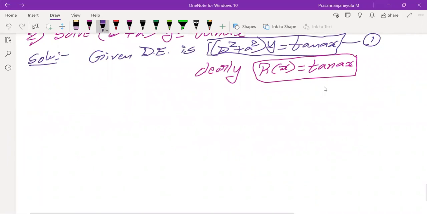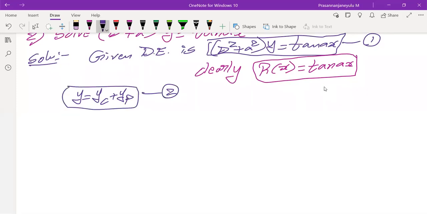Then what is the general solution of this equation number 1? I'm writing that step: y equals yc plus yp. First we need to find yc. For finding yc, we need to consider the auxiliary equation.